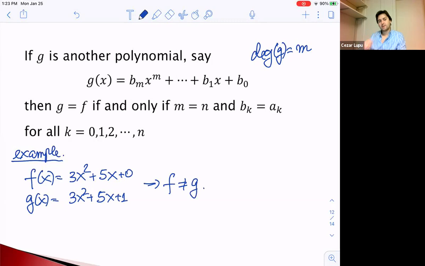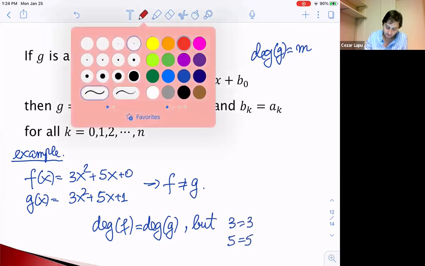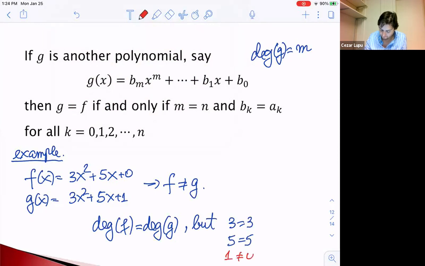In this case, the degree of f is the same as the degree of g, yes, but the coefficients are not the same. 3 is indeed 3, 5 is 5, but 1 is not 0. So that's the problem here.